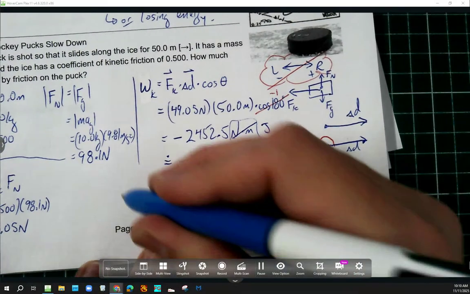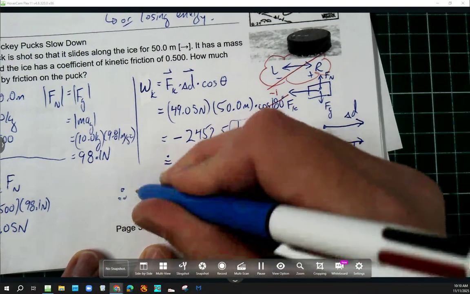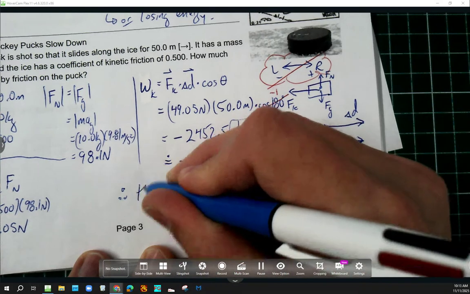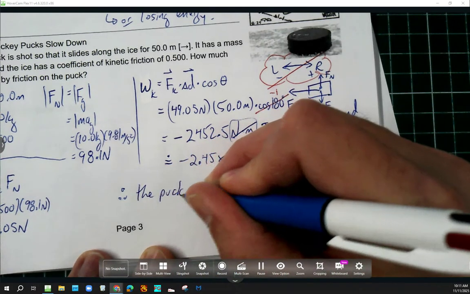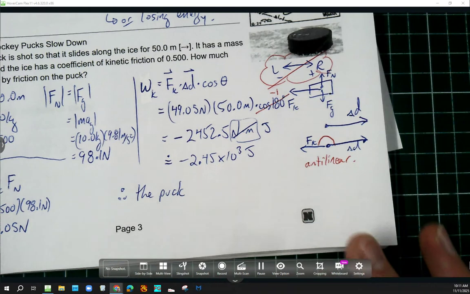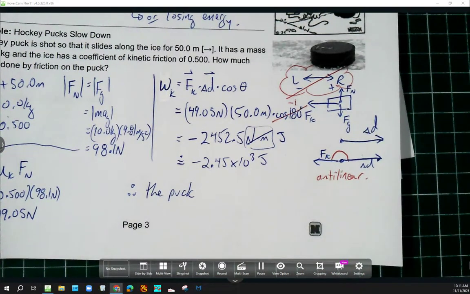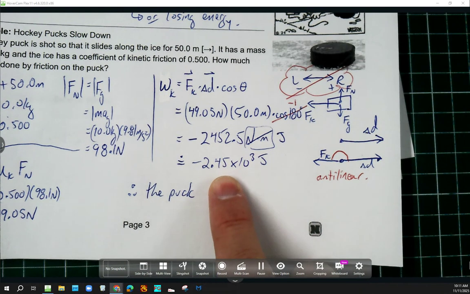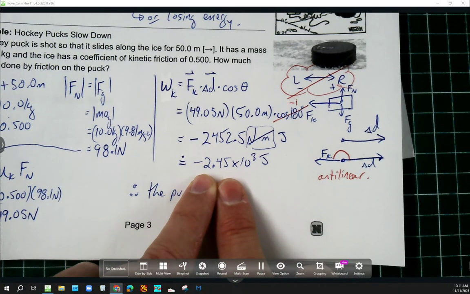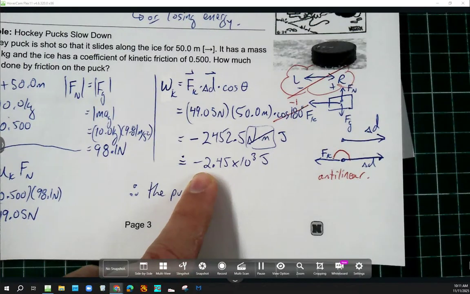Now the way I would frame a therefore statement, and this is a stylistic thing: if somebody says, I do so many joules of negative work on you, doesn't that seem like a weird way to say it? If I go to the bank and somebody says, the bank gave me $500, that makes sense.